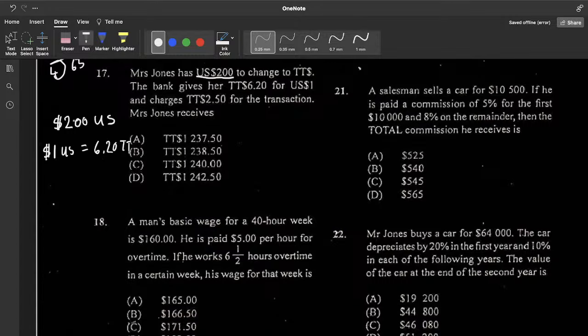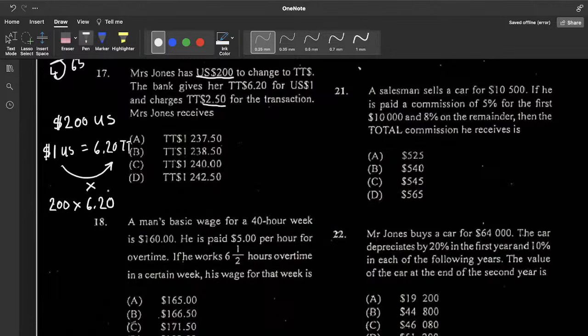Now, in this case, if we're trying to go from $1 to 620, so we basically are going from US to TT, we have to multiply. Okay, we have to multiply. So if I have 200, I have to say 200 multiplied by 620 would give us our answer. But don't forget, after we work this out, we have to add the 250 to it.